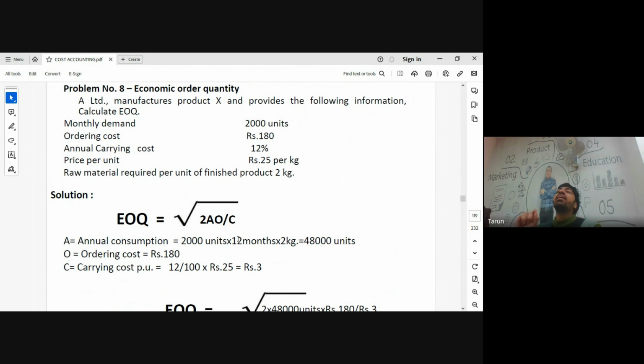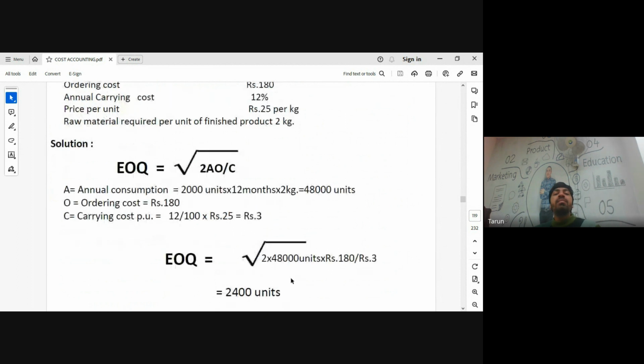Because we are calculating the annual consumption of raw material, and the additional information related to the raw material is already given, that is 2 kg. So we have to multiply by the 2 kg to calculate the whole annual consumption of raw material, and that is 48,000 units.